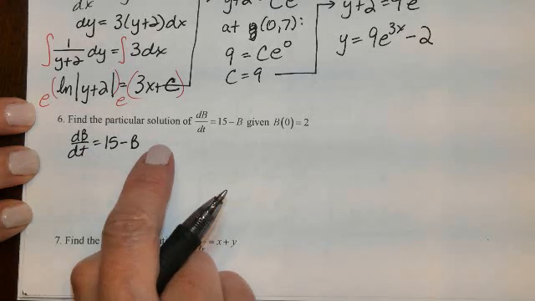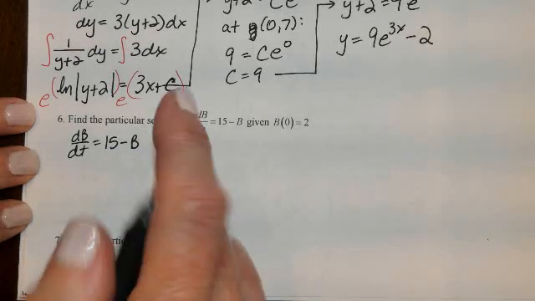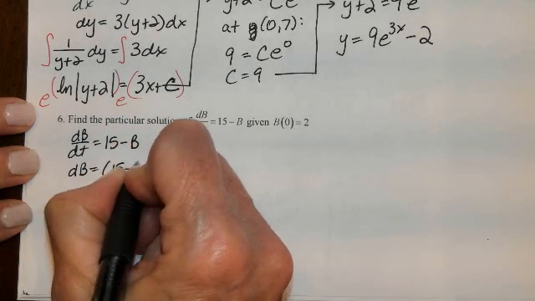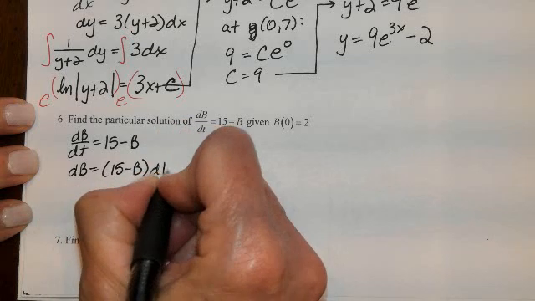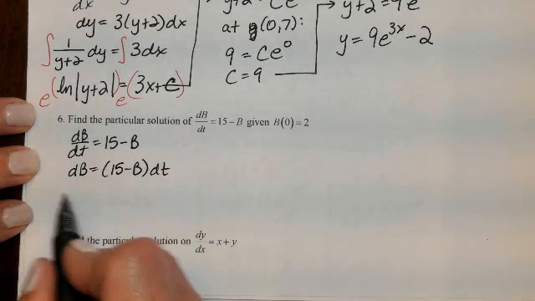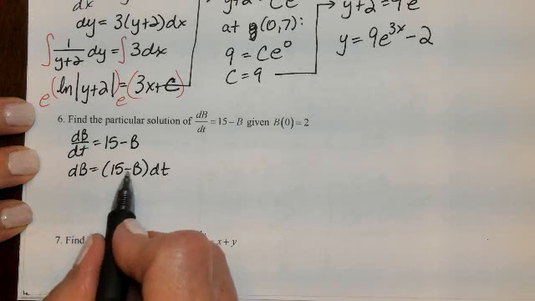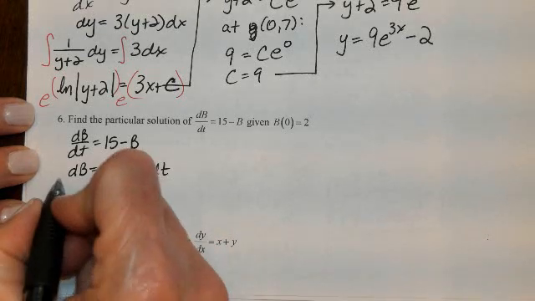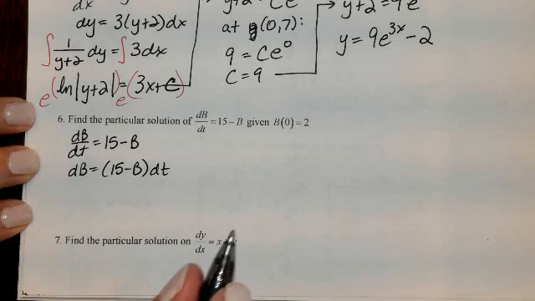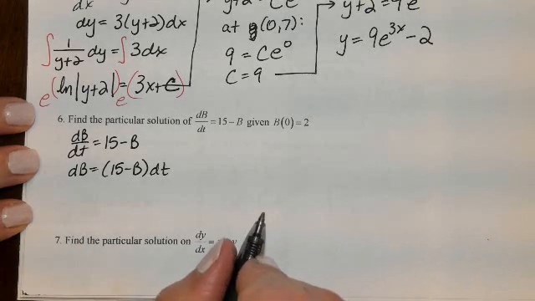So again, I'm going to begin by multiplying both sides by the dt. And now I'm going to divide both sides by 15 minus b. There's nothing to factor out, I could factor out a -1, but I don't know that you would do that.